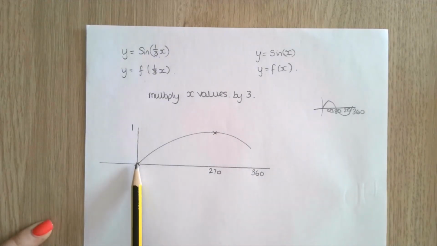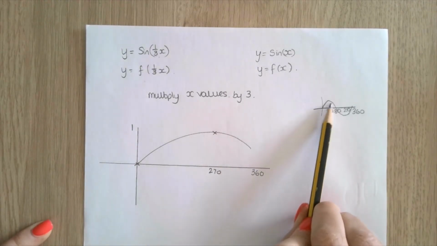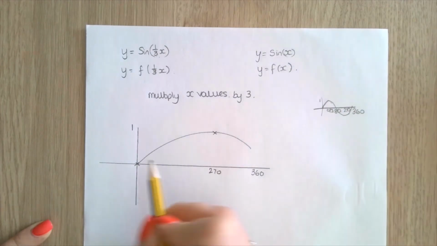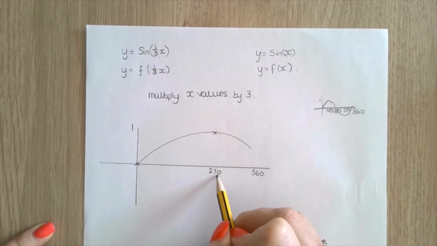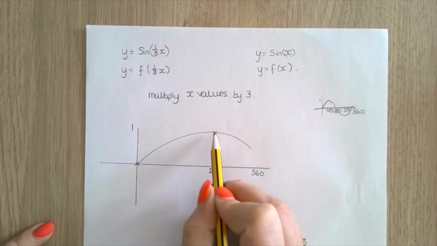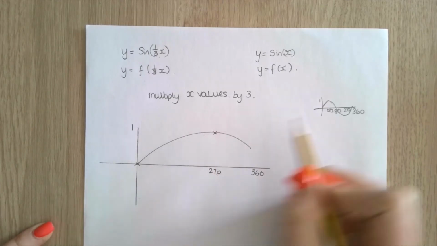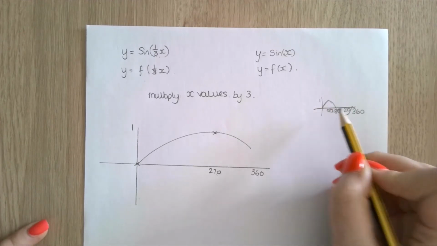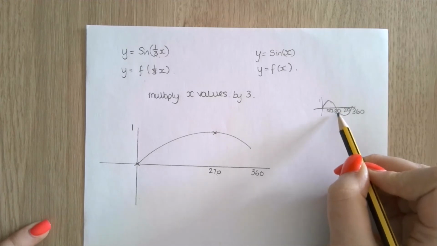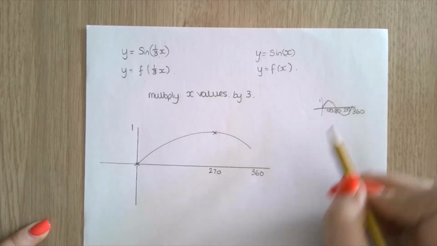Just to talk you through what I've done, my maximum, which would have been at 90 and 1, 90 multiplied by 3 gets me 270, so that's why the maximum is all the way over here. 180, which is where the graph comes back down and crosses the x-axis, when we multiply by 3 gets 540.